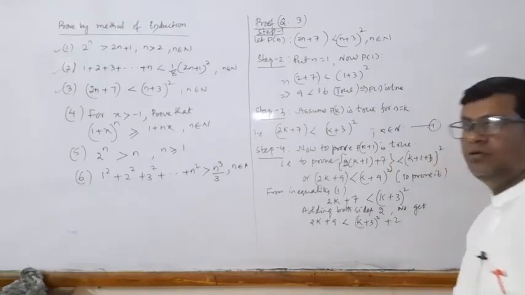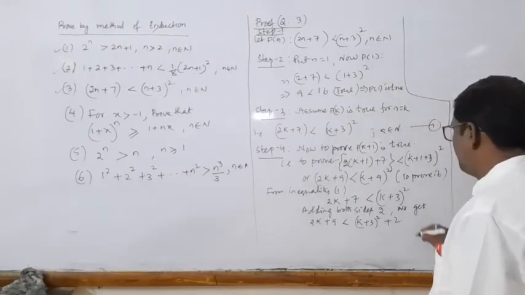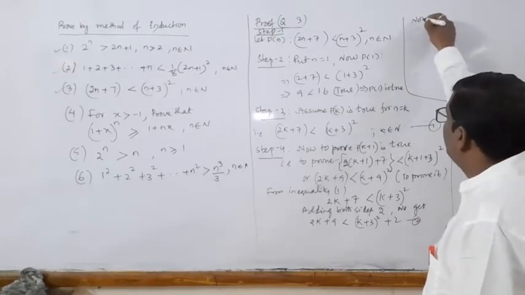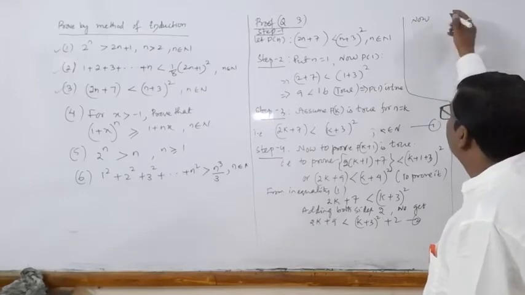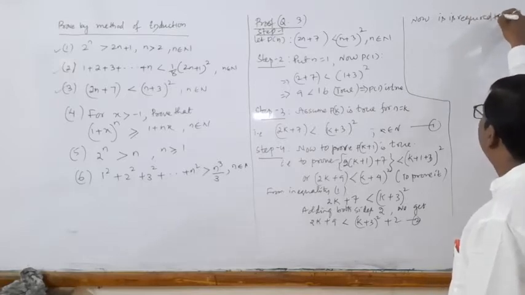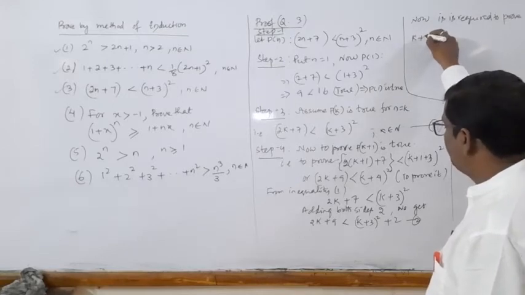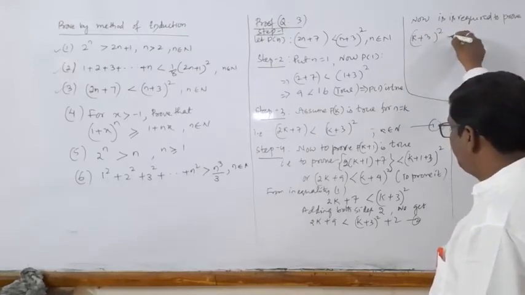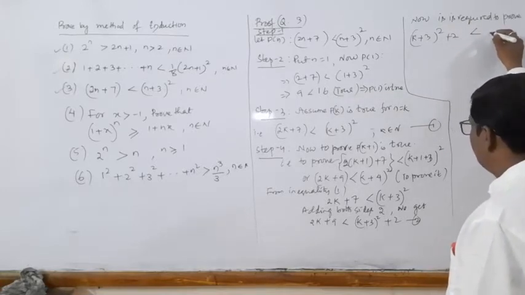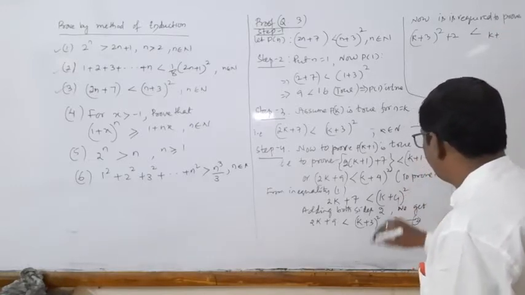Now it is required to prove that (k plus 3) whole square plus 2 is less than (k plus 4) whole square.